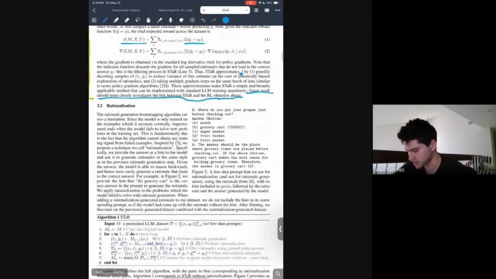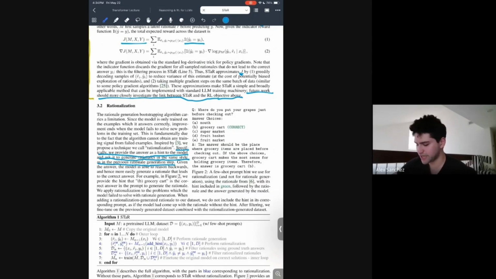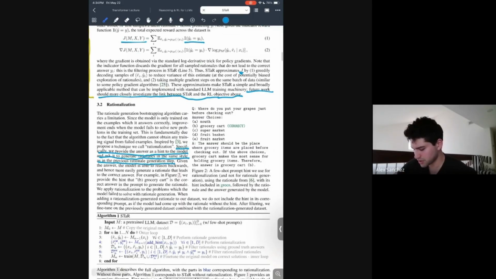And here they talk about rationalization. Like I said, they provide the answer as a hint to the model and ask it to generate the rationales in the same style as the previous rationale generation step. Given the answer, it reasons backwards.